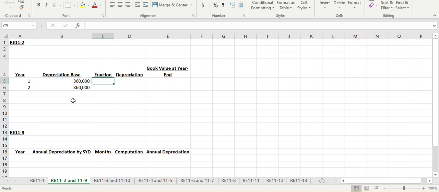So the numerator of your fraction is going to be how many years are remaining for that asset's useful life at the start of that year. And the denominator is going to be exactly what this method is called, the sum of the year's digits.